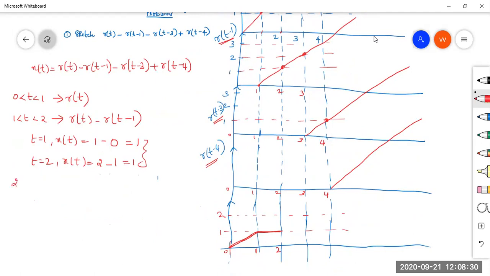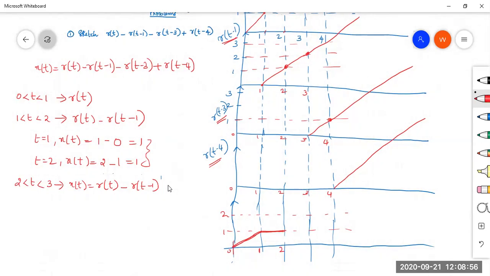Now we will see what is happening at 2 less than t less than 3. Here you have r of t and r of t minus 1, and the other signals are not there, so they will be 0. So again here it is r of t minus r of t minus 1. At t is equal to 2, x of t will be equal to 1.